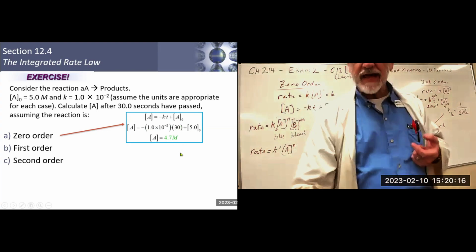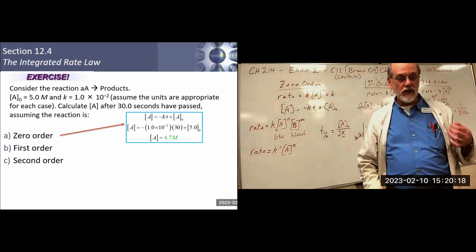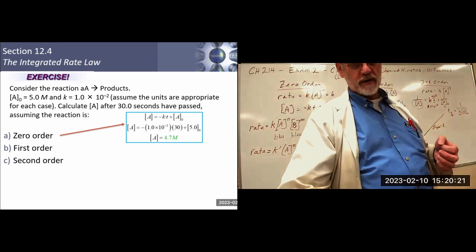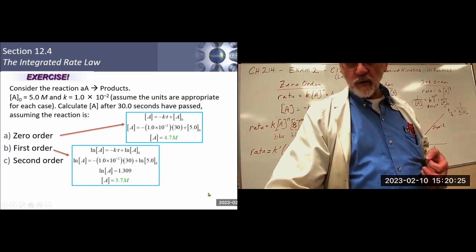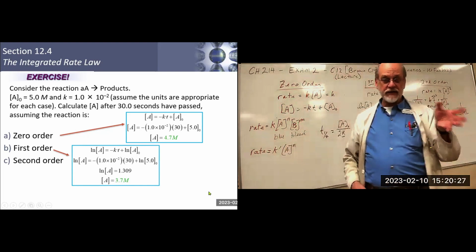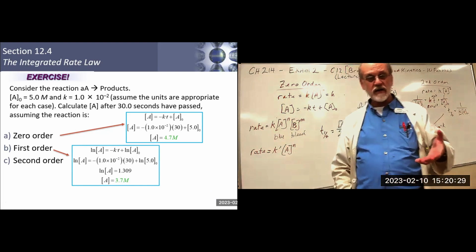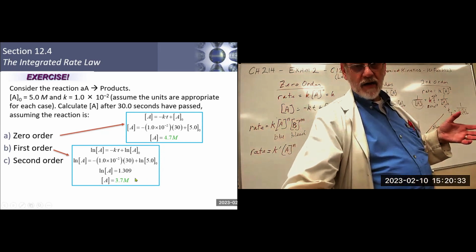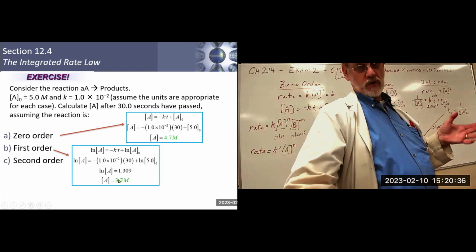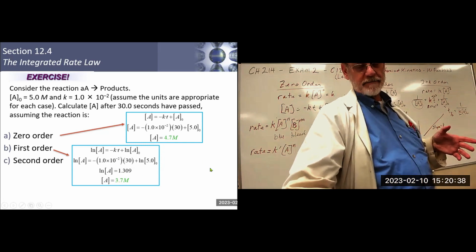And we calculate that A will be 4.7 molar after 30 seconds if it's zero order. If it's first order, then we use a different integrated rate law with the natural log, plug in the values, just like we did before. And now our calculation says it's 3.7 molar if it's first order.